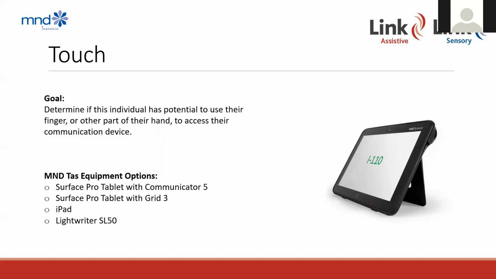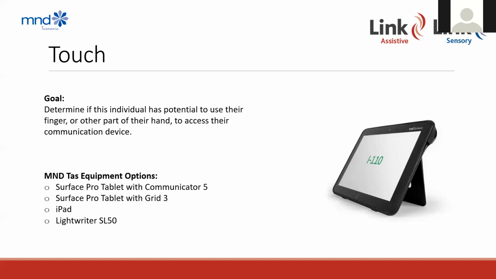The goal here is taken from the access screening tool. This is basically your guide as to what you're looking for to determine if this is a suitable access method for somebody. It's important to note that the order we're going through these access methods is the order you would progress through when doing your assessment, because it takes us from the most to the least efficient access method option.